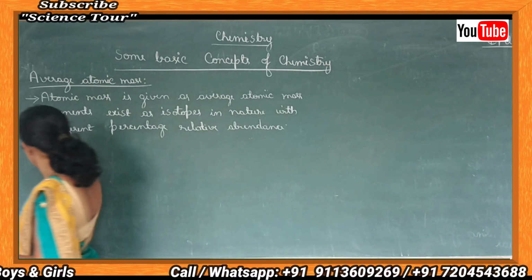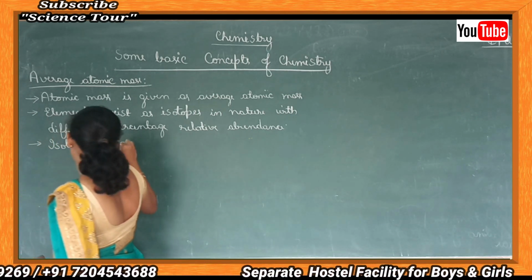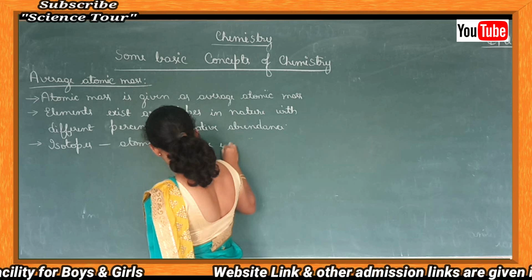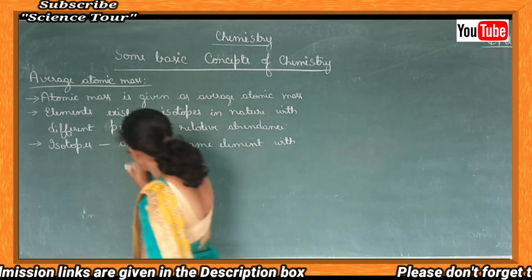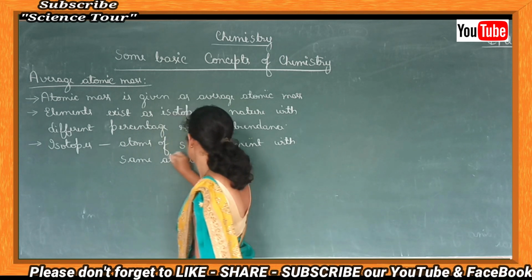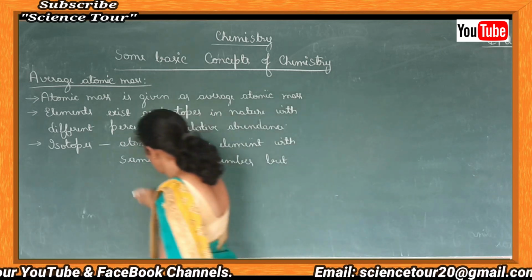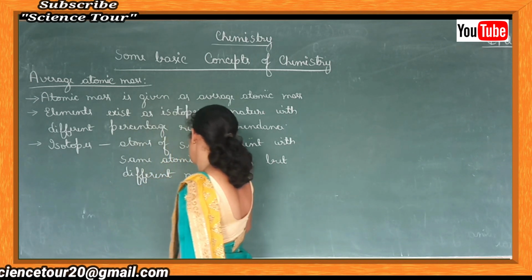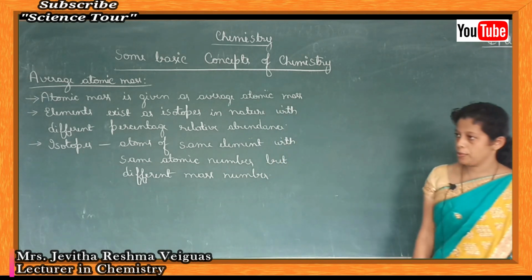Isotopes are atoms of the same element with the same atomic number but a different mass number. Such species are called isotopes.